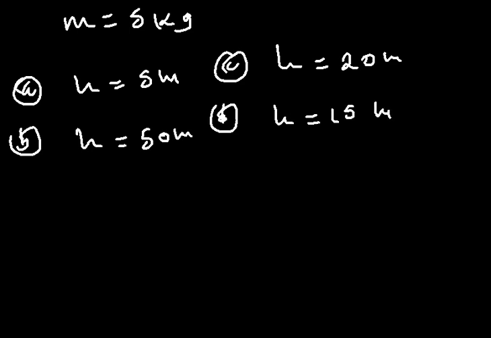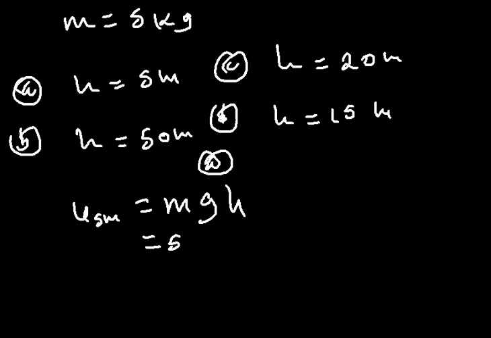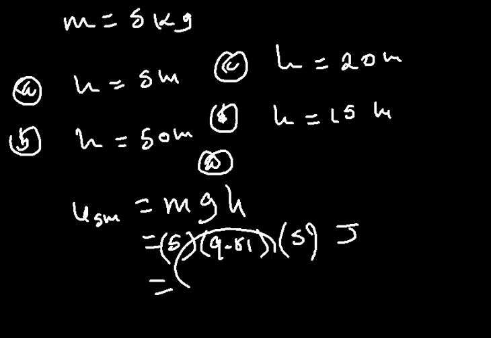For the first case, we are looking for the gravitational potential energy at a height of 5 meters. That is given as mgh. The mass is 5, but by the way, mass has to be in kg, and acceleration due to gravity is multiplied by the height, which is 5 meters. At the end of the day, we should have the answer in joules.